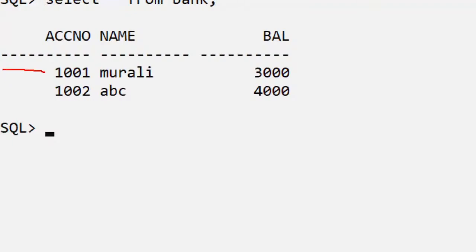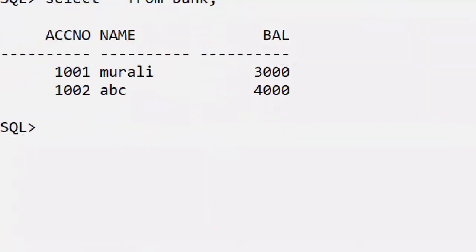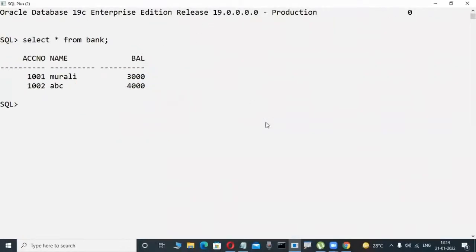These rows, like 1001, are the data. 1001 is an account number. My name is Murali, I'm the account holder. My balance is how much? 3000, for example. Now check out the scenario and slowly observe here.